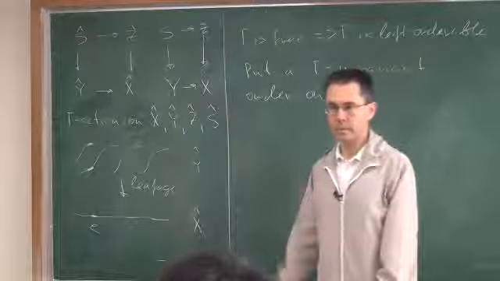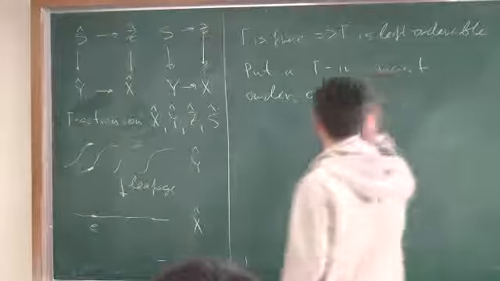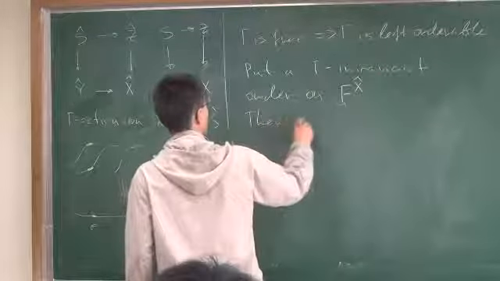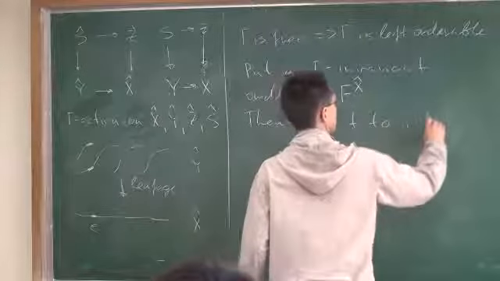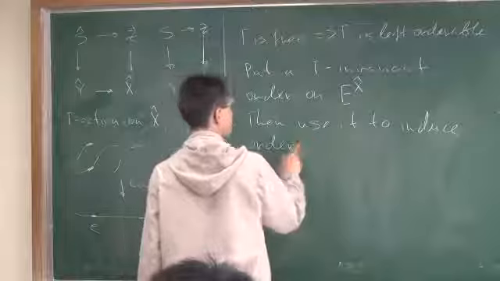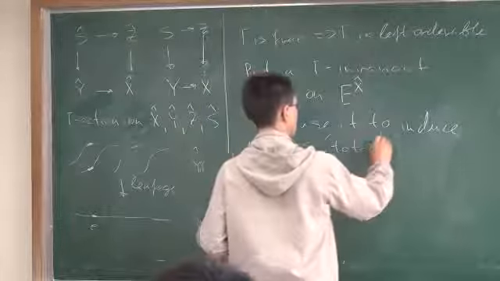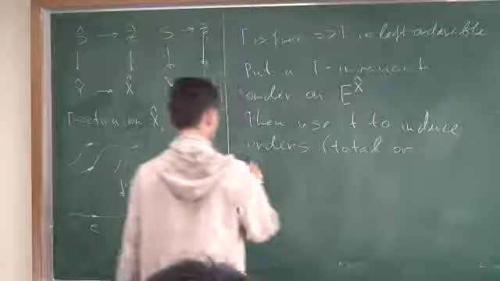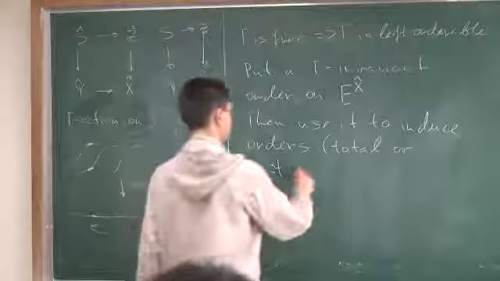That's enough for the purposes of the proof. So gamma invariant. So then use it to induce orders, either total or partial, or just total on each component.